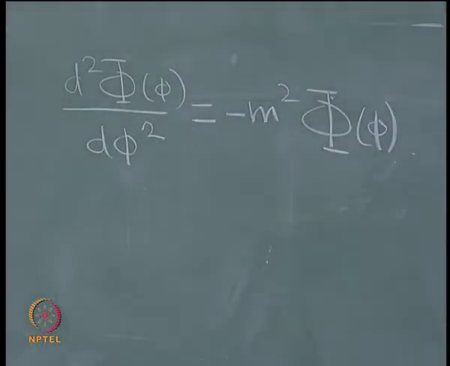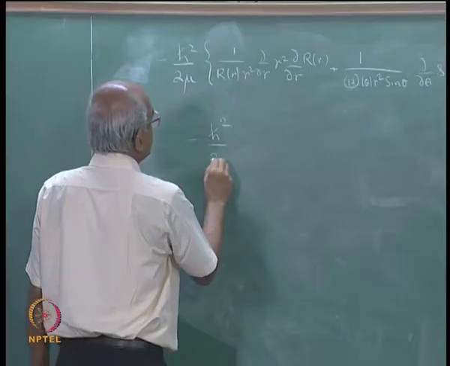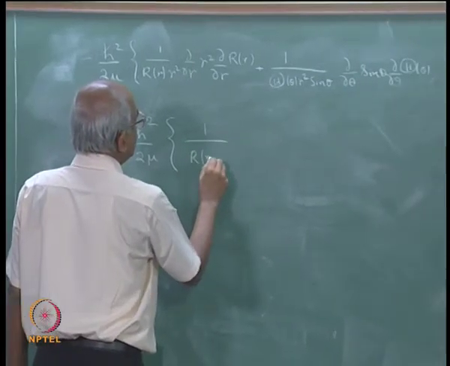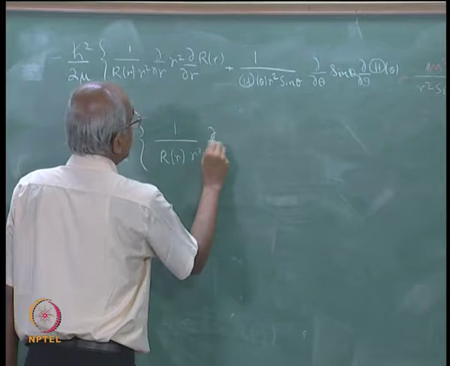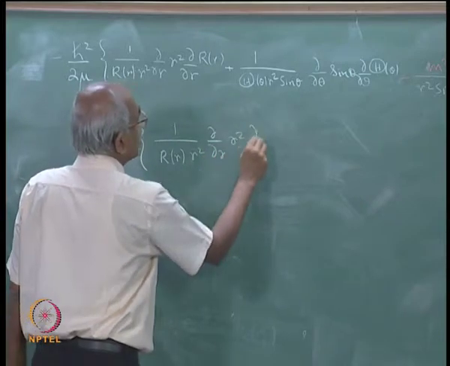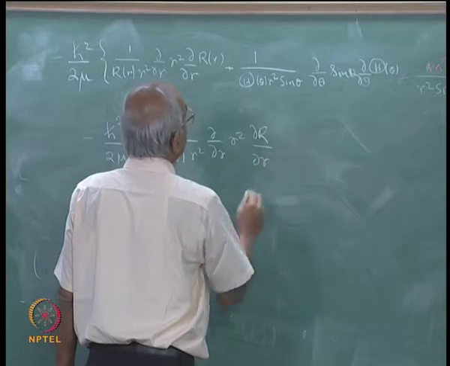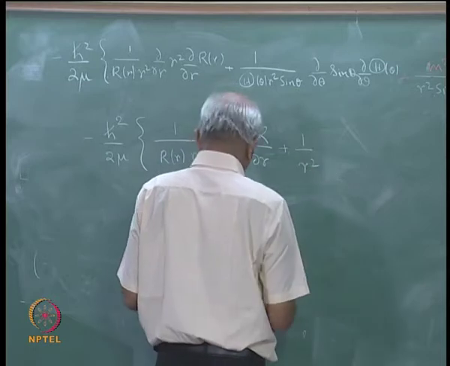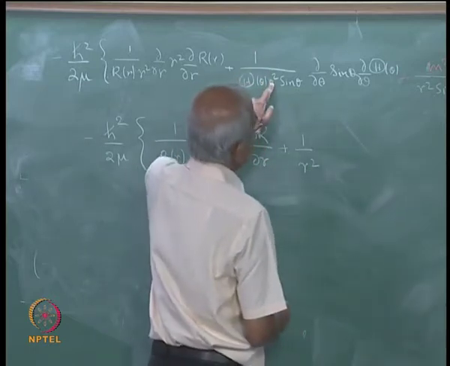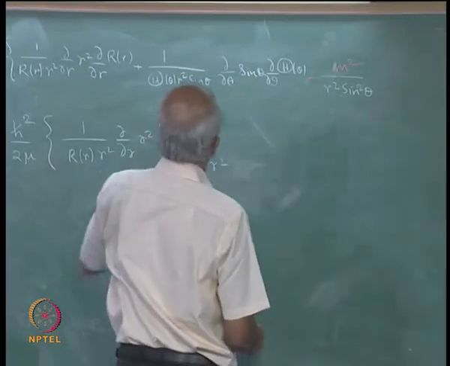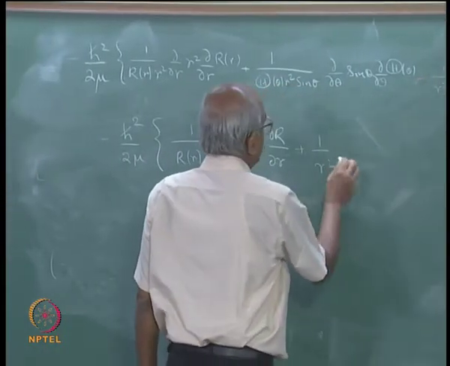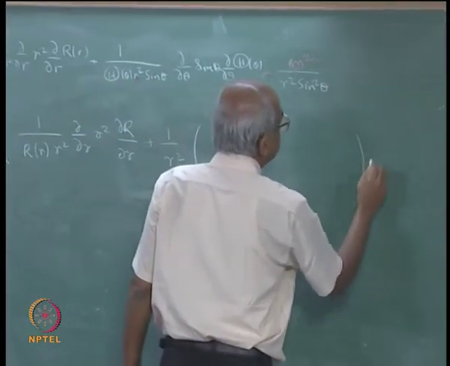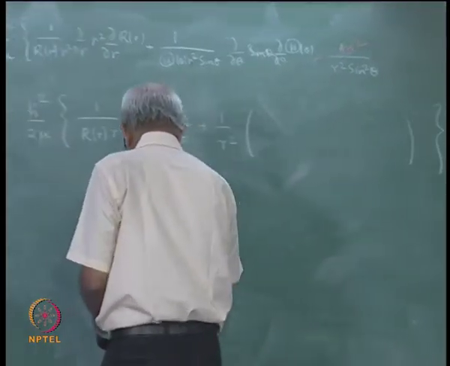write this equation once more: minus h cross square by 2 mu, 1 by capital R of r, dou by dou r, r square dou R by dou r, plus 1 by r square. You can see there is a 1 by r square here, another 1 by r square there. So let me write it as a common factor. What is inside this bracket?